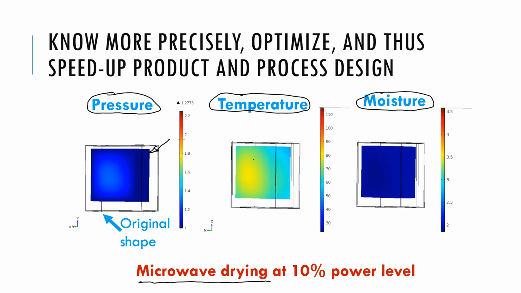So it's very rich in its information, and it provides us with an unprecedented level of understanding. And what does that do? By knowing more precisely, we can optimize and thus speed up product and process design in food industry.